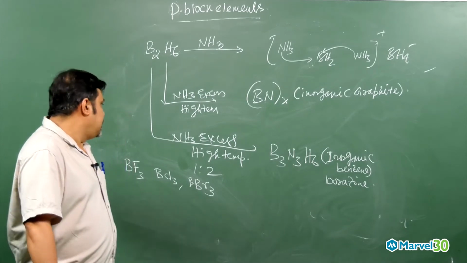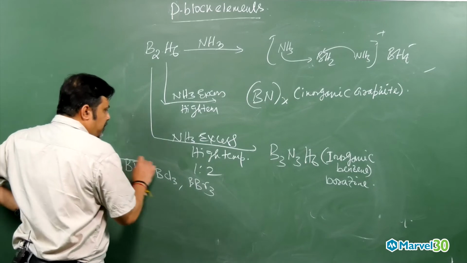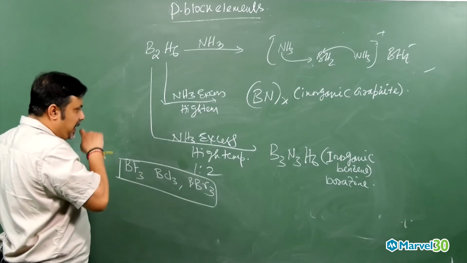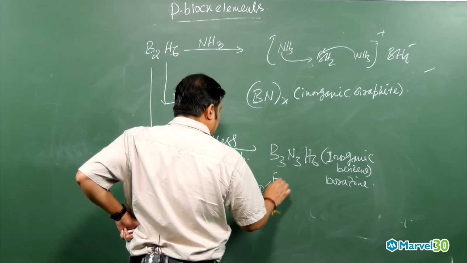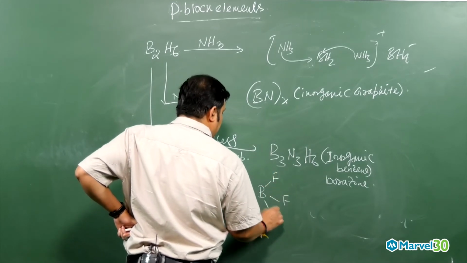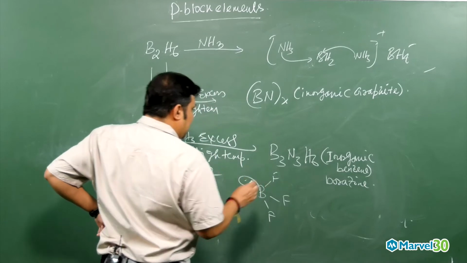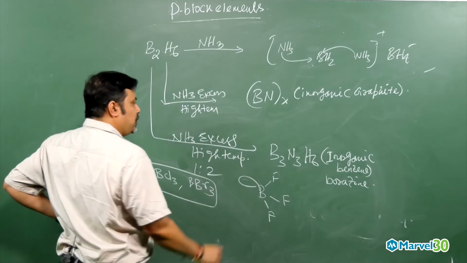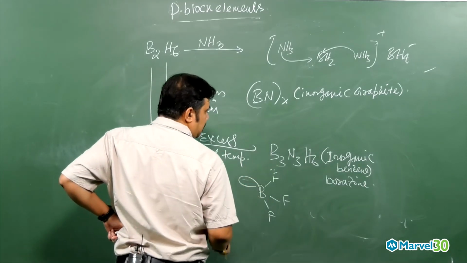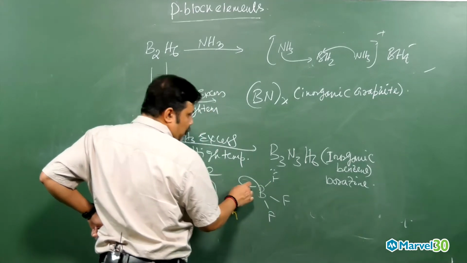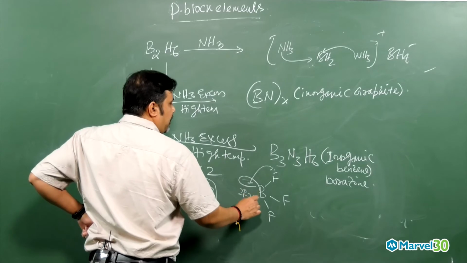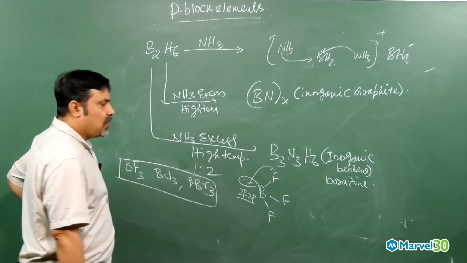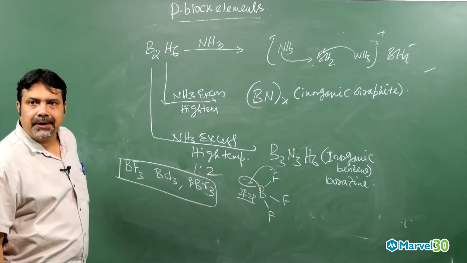Now you look at, if they give you the Lewis acidity order. To explain that, what you need to know is boron and fluorine. What logic I am telling you: boron has a vacant orbital and fluorine has a lone pair of electrons. Now the boron orbital is 2p, the fluorine orbital is also 2p. So back bonding is possible, which is called 2p-2p back bonding.